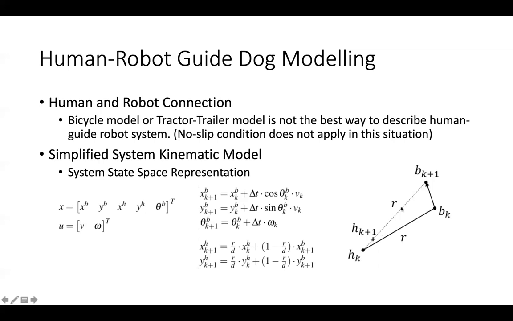However, it also needs to keep the distance R. So we select this point H_k+1 as the estimation of the human's position. In this equation, D is the distance of H_k and B_k+1, and R is just their distance. So by using this kinematic model, we can update the human's position in these 2 equations. And for details, you can check our paper.